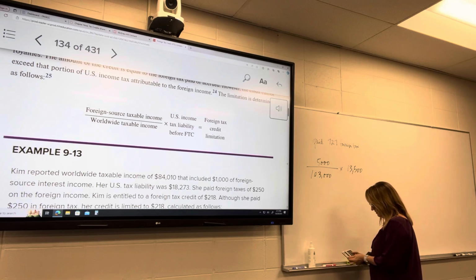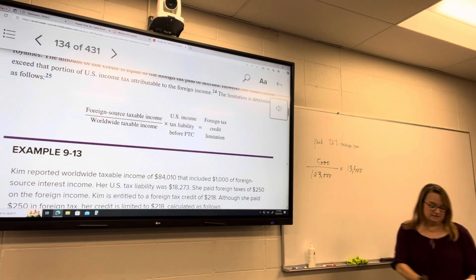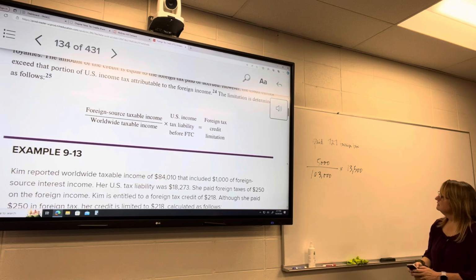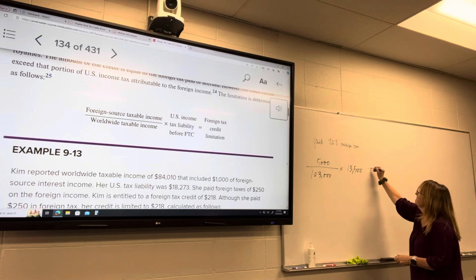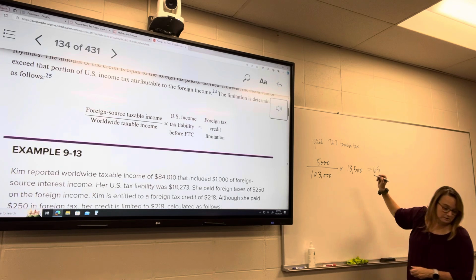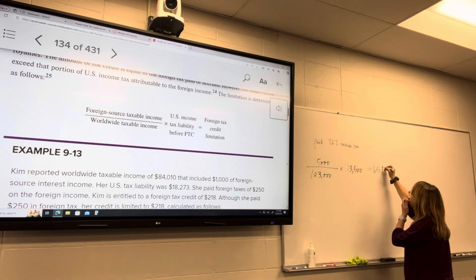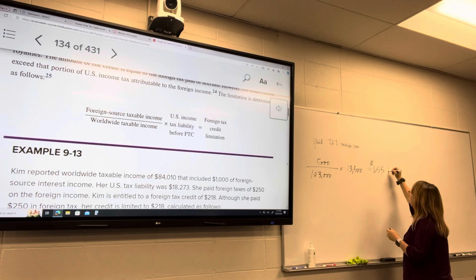All right, so let's look at our limitation. This is our limit. So we've got 5,000 divided by 103,000. So 4.8%, times 13,500, 655. Yeah, 655 is our foreign tax credit limit.